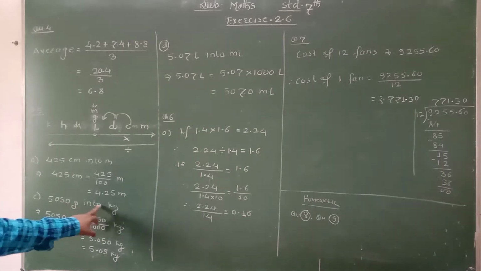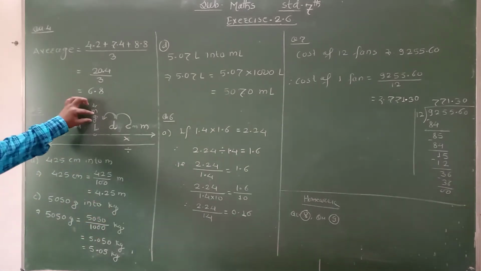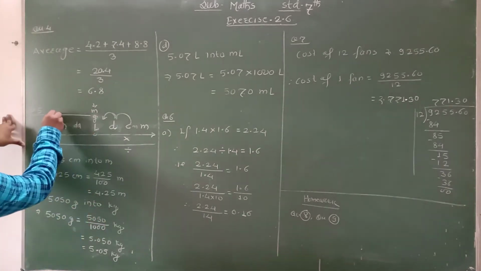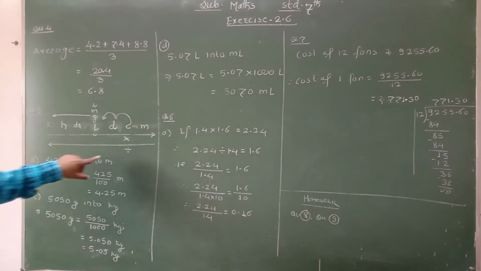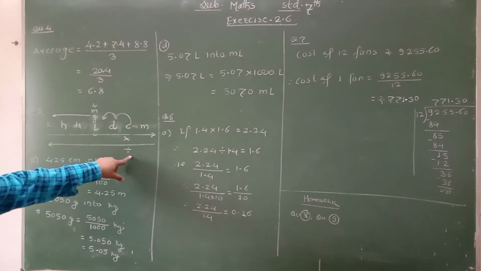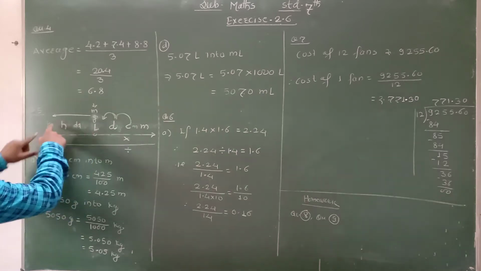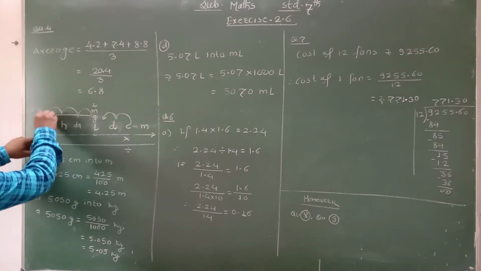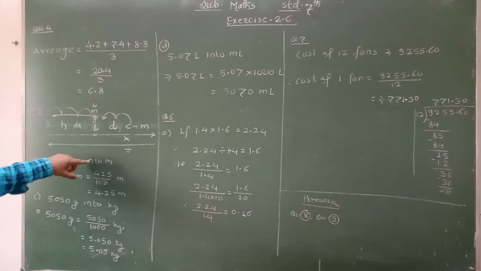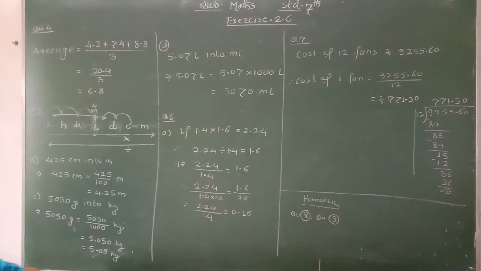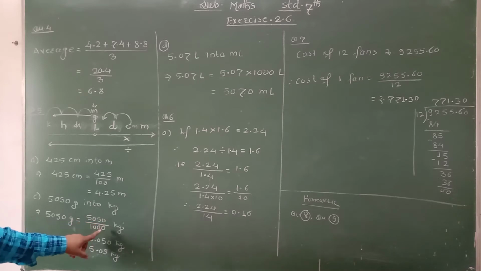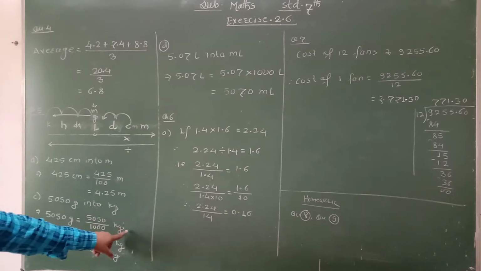5050 gram into kilogram. Gram to kilogram. Right to left, according to this rule, we have to do the division. Gram to kilogram, how many places are we going? 3 places. Therefore here we have to divide by 1000. Therefore 5050 gram is equal to 5050 upon 1000 kilogram.